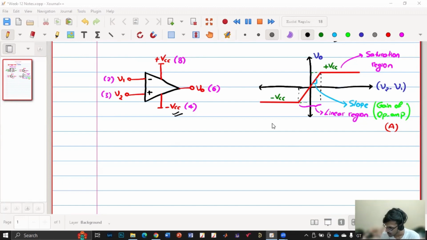So this is that gain. And if I want to see the circuit representation of this op amp, how will it look?